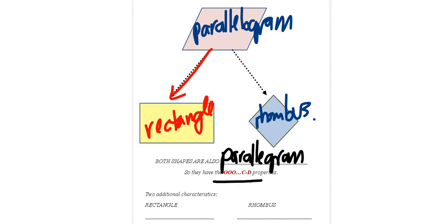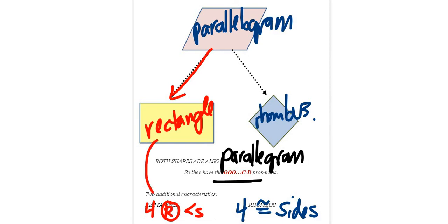What makes a rectangle by definition unique? A rectangle is a parallelogram with 4 right angles. A rhombus is a parallelogram with 4 congruent sides.